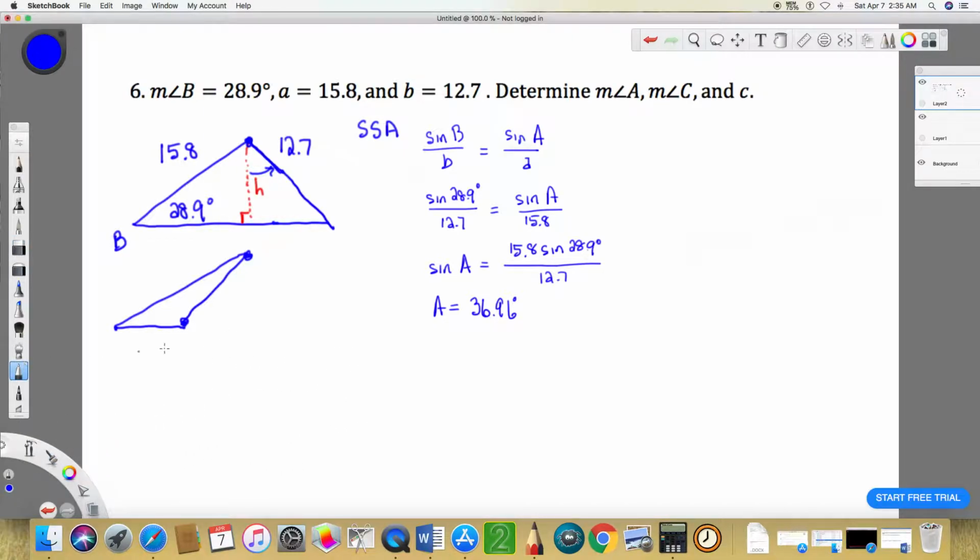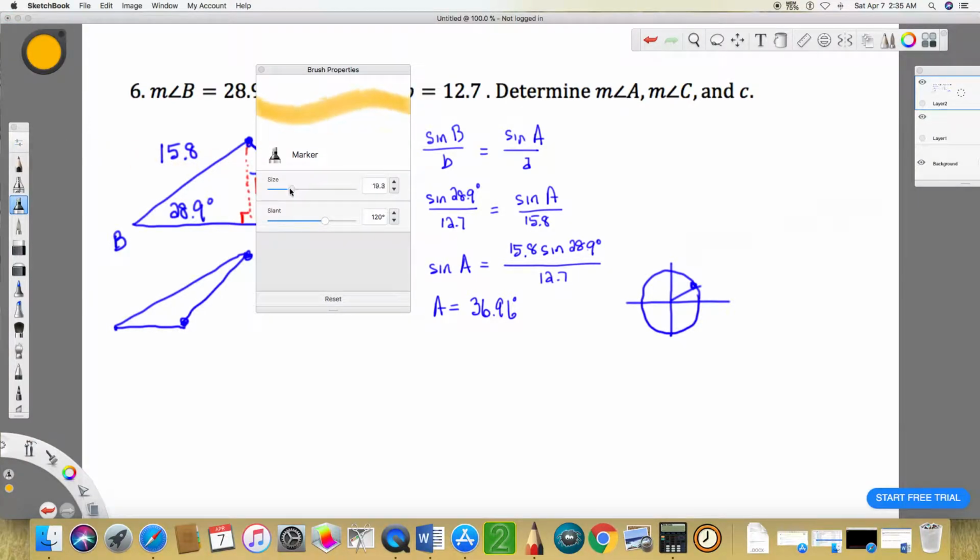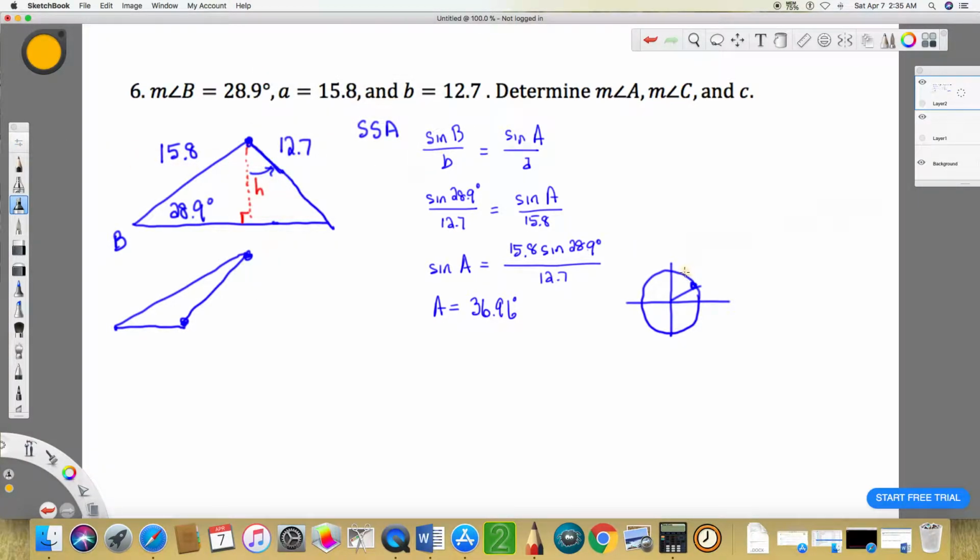So the angle that it found, it looked between -90 and +90. It looked on the right half of this unit circle, and it found this angle in quadrant 1 that we'll use as a reference angle.